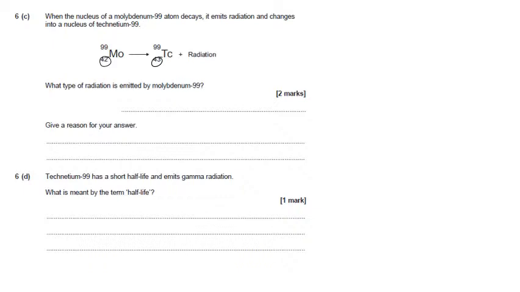The type of radiation responsible for this type of change is beta radiation, because in beta radiation a neutron in the nucleus decays to form a proton and charge is conserved by emitting an electron at the same time, which is the beta particle. So in this case the radiation emitted is beta, and the explanation is that the proton number increases by 1.